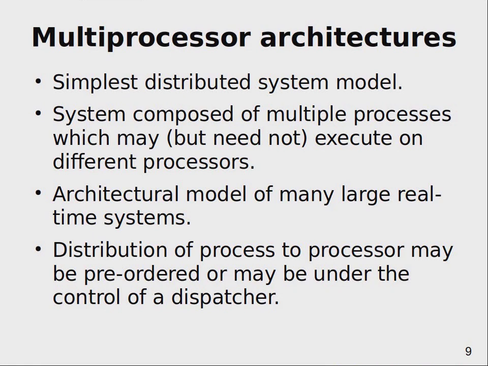So if we look at the simplest example of a distributed system, one of the simplest examples is modern central processing units. In general, because of physical limits, there is no good reason to run a single processor faster than a frequency of a few gigahertz.